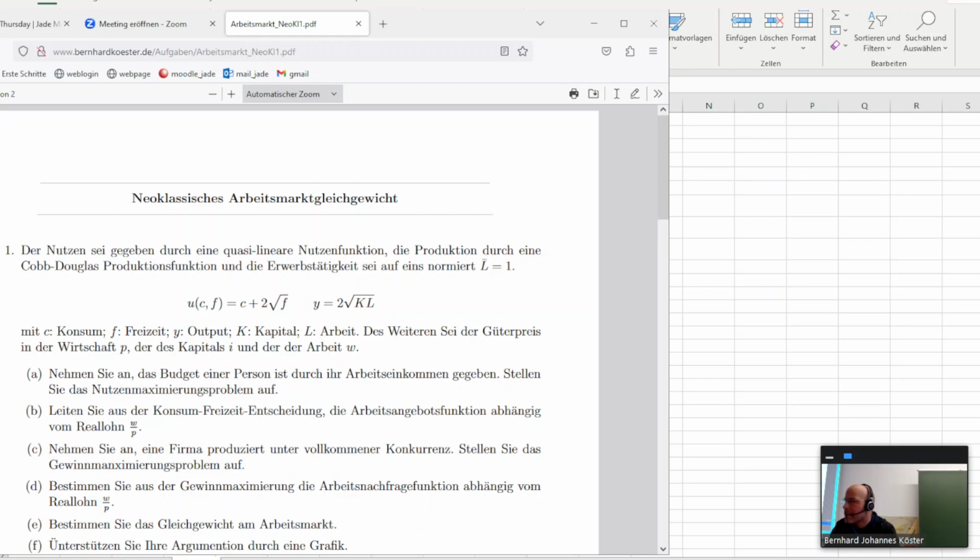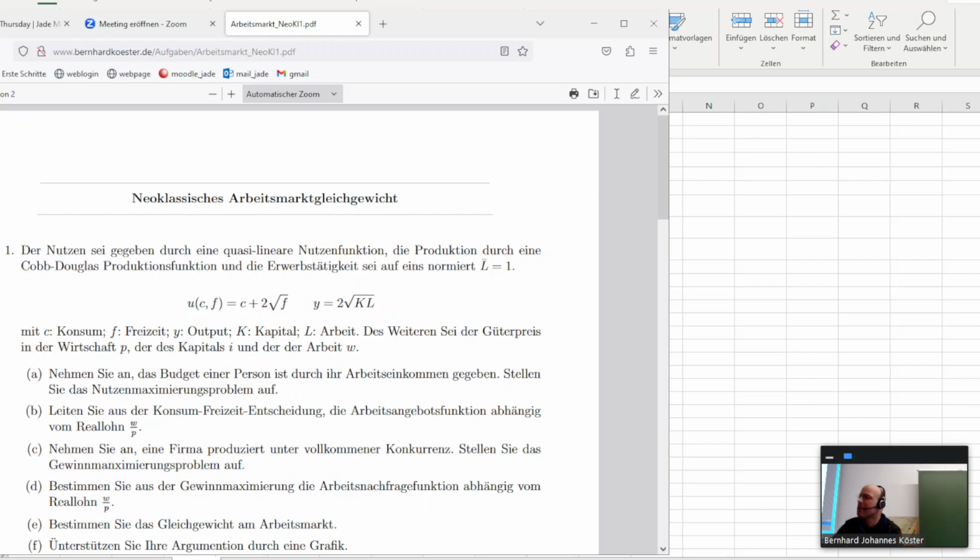And especially that we directly obtain the negative dependence of labor demand on wages from profit maximization, and that for labor supply from the consumption-spare time calculation, we have to make the assumption that the substitution effect is larger than the income effect, and that this is an empirical fact which we find in societies.